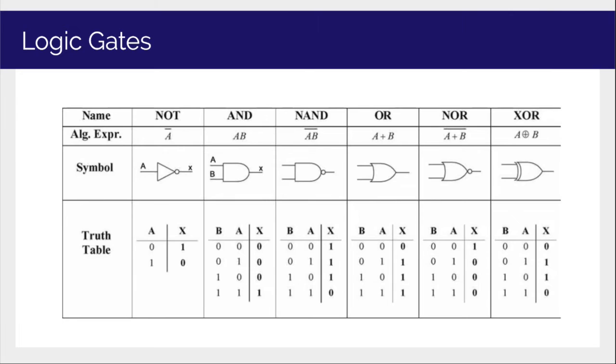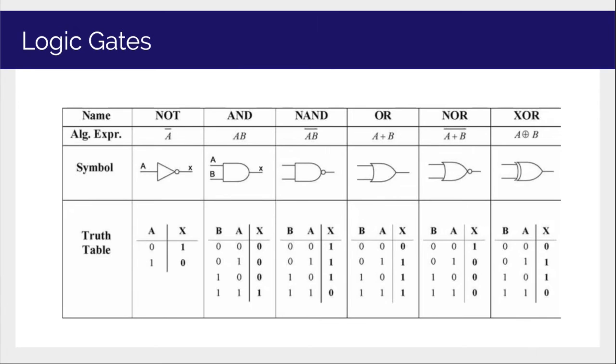When A and B are both 0, the output is 0. When B is 0 and A is 1, then the output is 1. When B is 1 and A is 0, then X is 1. And then this is the difference: when A and B are both 1, the output is 0 because it's exclusive. That's an exclusive OR gate.